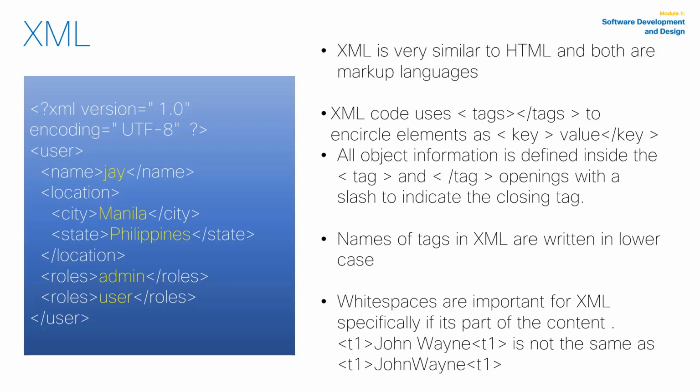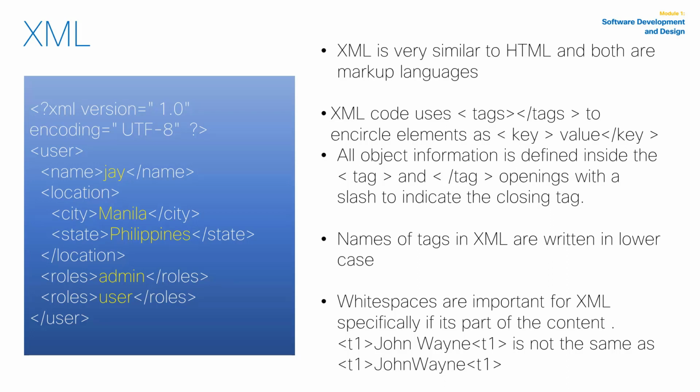For this purpose, XML code uses tags to encircle elements as key and value. All object information is defined inside the opening tag and the closing tag, which opens with a slash to indicate the closing tag. When using tags, you need to be careful that the start and the end tags match both the name itself and the letter case.